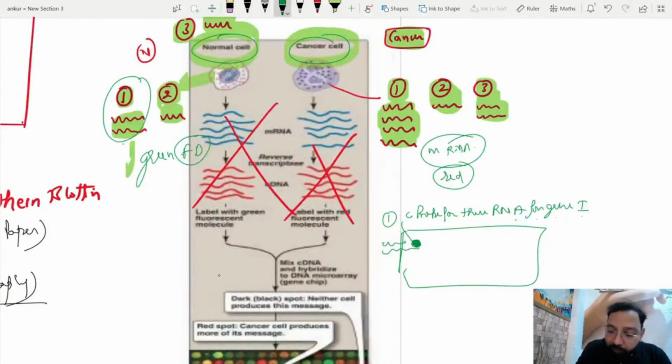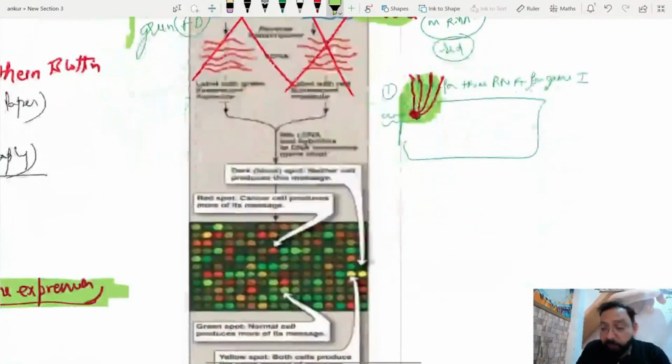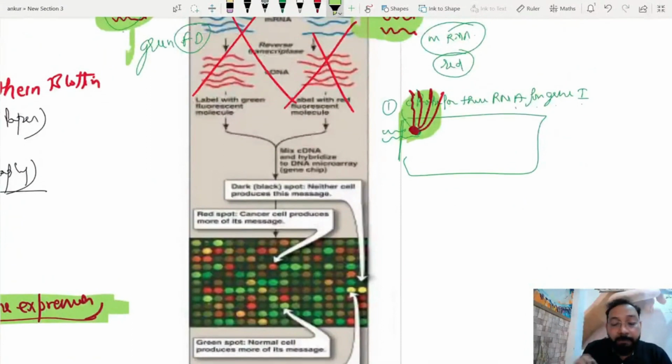In the cancer cell, 4 messenger RNA will bind. So at the same site, 2 green, 4 red. So more red fluorescence would come. If more red fluorescence comes, we will say these messenger RNA are more in the cancer cell than the normal cell. So gene number 1 is overexpressed in the cancer cell because the fluorescence is mainly red.